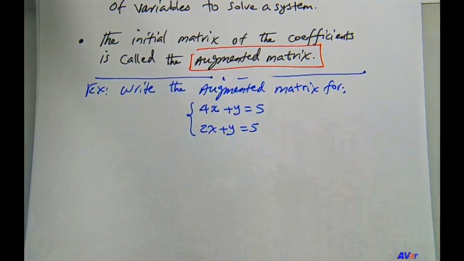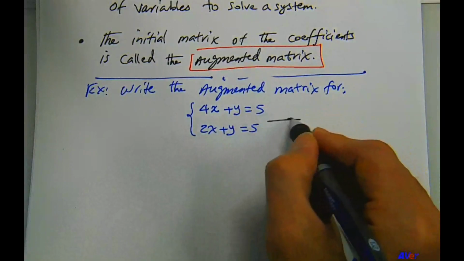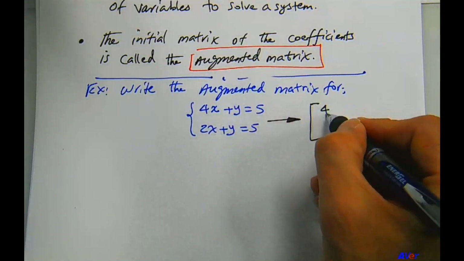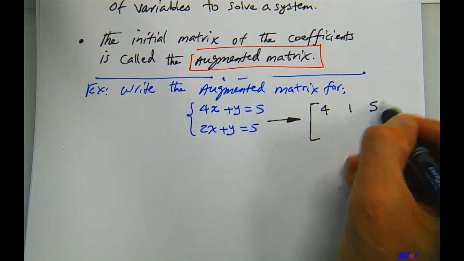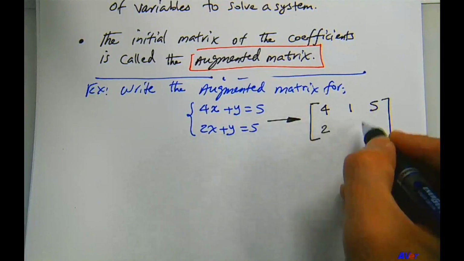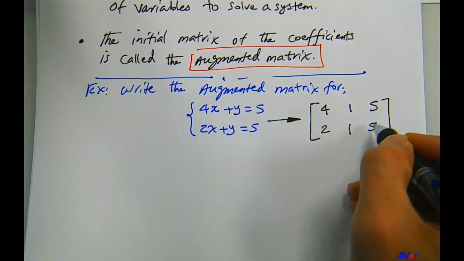So this is the system for which we want to write the augmented matrix, and that'll be just the coefficients 4, 1, and 5. 5 is just a constant on the other side. 2, 1, and 5, right?